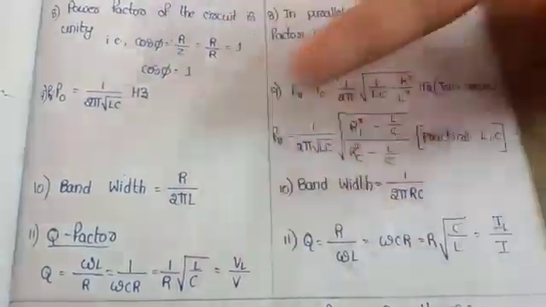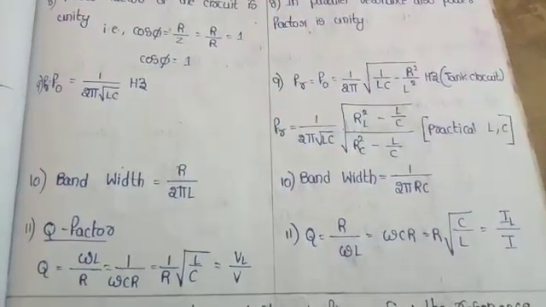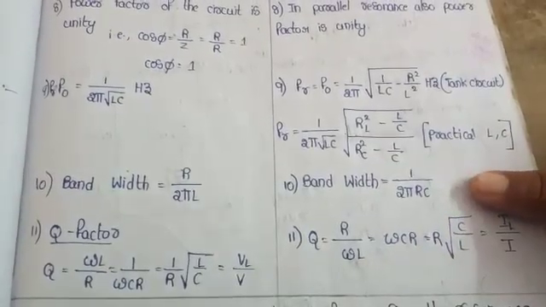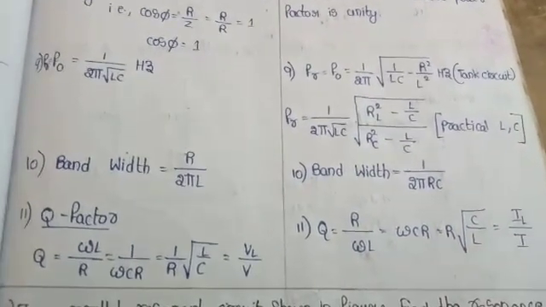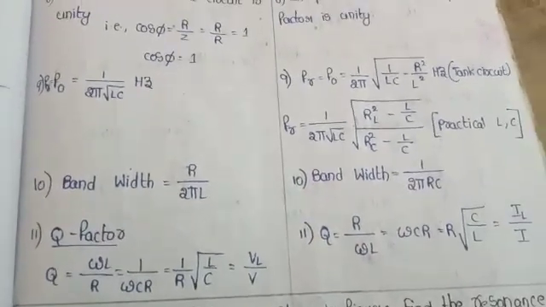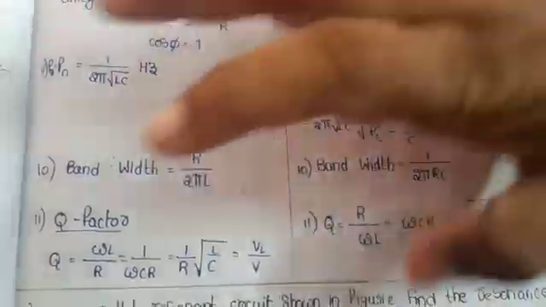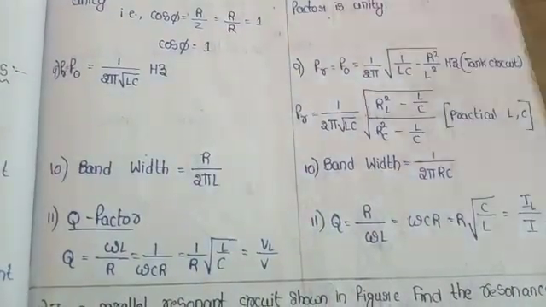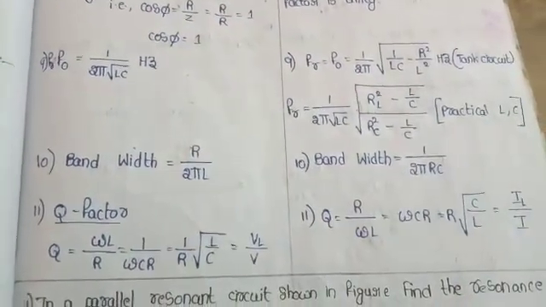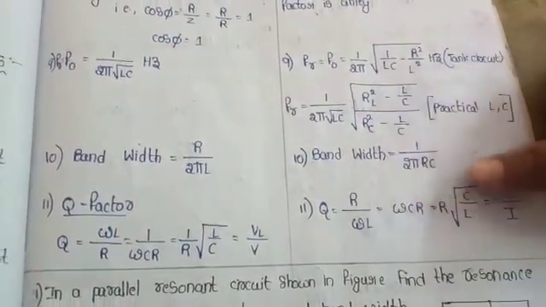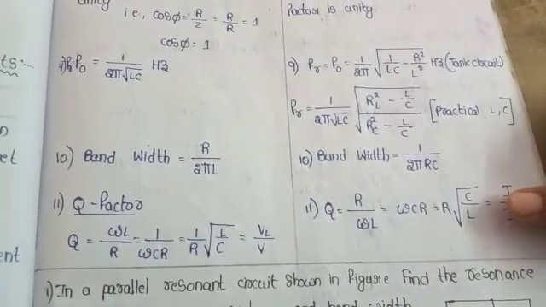Now coming to the bandwidth, R by 2 pi L, but here it is 1 by 2 pi RC. The quality factor is omega L by R, 1 by omega CR, 1 by R root L by C. For series resonant it is exactly the reverse, that is R by omega L, omega CR, R root C by L.